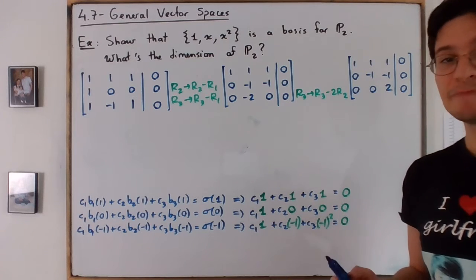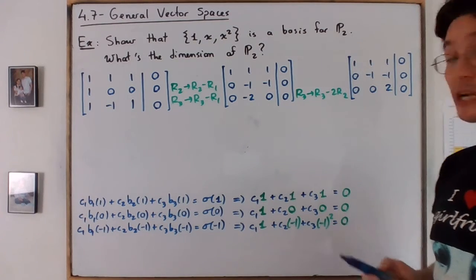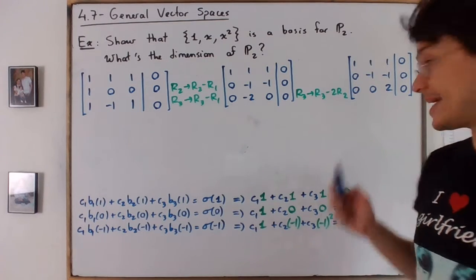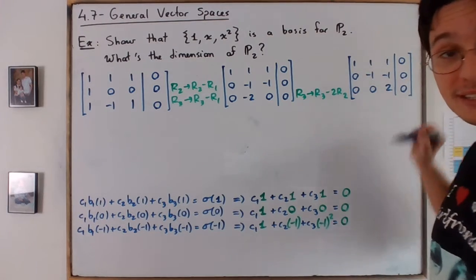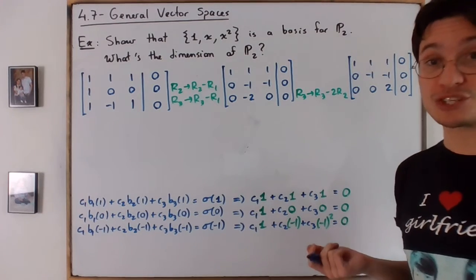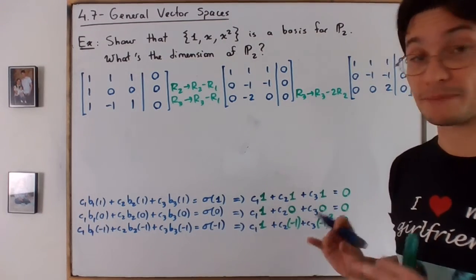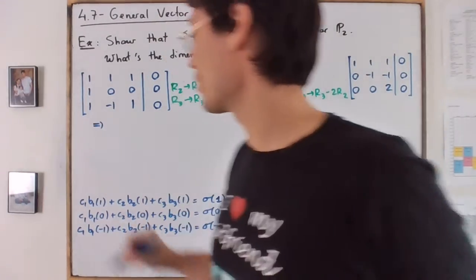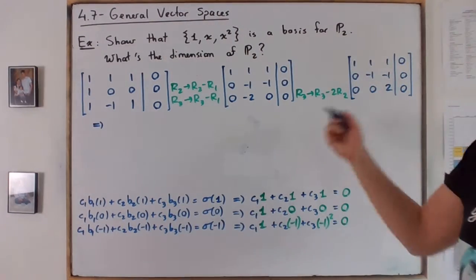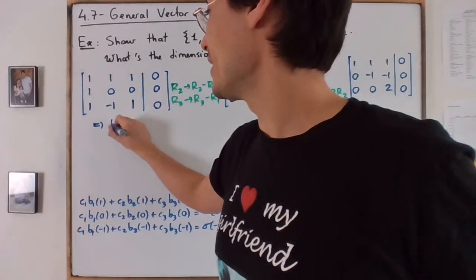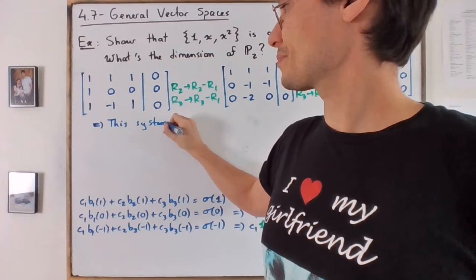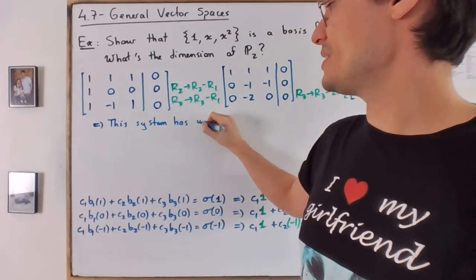And as you can see, you have a pivot in every column, which means that the system has a unique solution. And knowing that the system is homogeneous, we know that this unique solution is the trivial solution. Okay, so I won't write exactly what I said in words, but that's it. As we can see, this system has a unique solution.